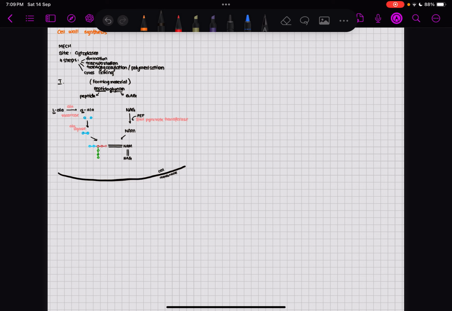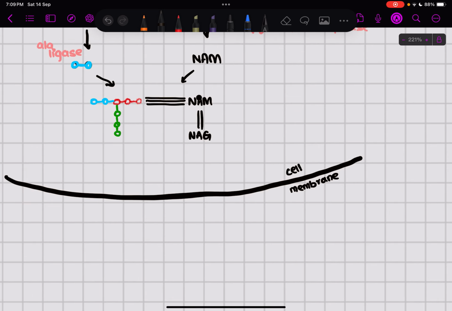After this, we have got one brick or one small subunit, which is the building block, and we are supposed to move out these building blocks. For transporting these building blocks outside, we need a vehicle or a transport, and that transport facility is done by bactoprenol phosphate.